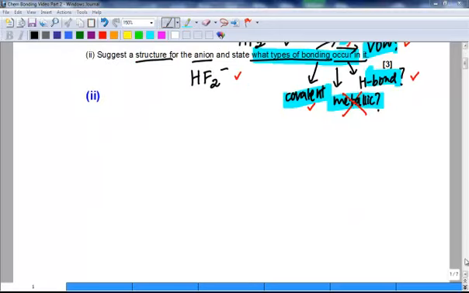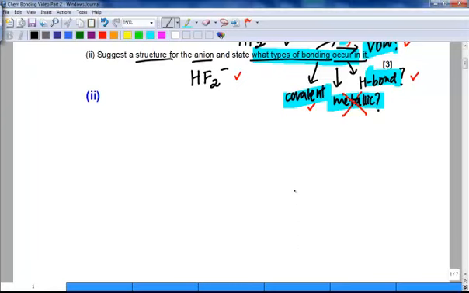In order to know what types of bonding occur within HF2-, you need to know how to draw it. So how do we draw it? Well, always break things down into things that you know and work from there.